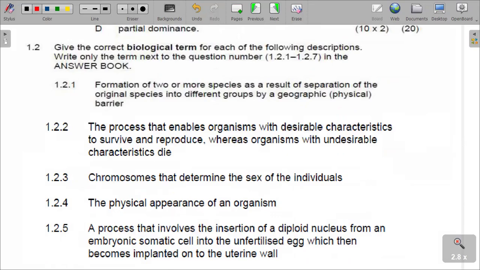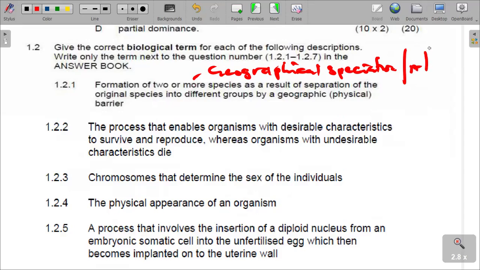The formation of two or more species as a result of separation of the original species into different groups by a geographic barrier is called geographical speciation, or it is also called allopatric speciation.